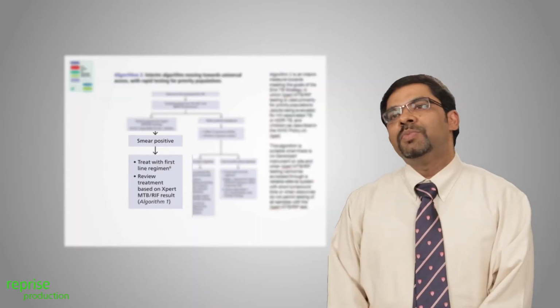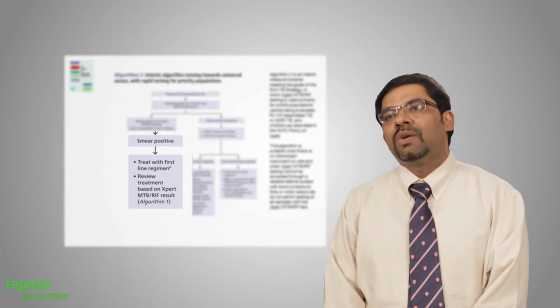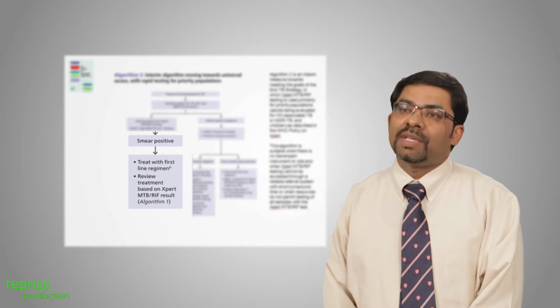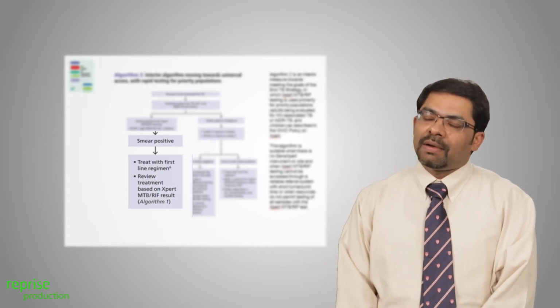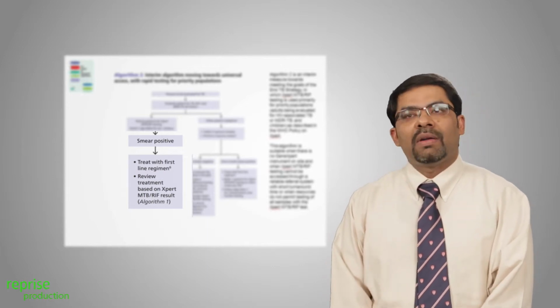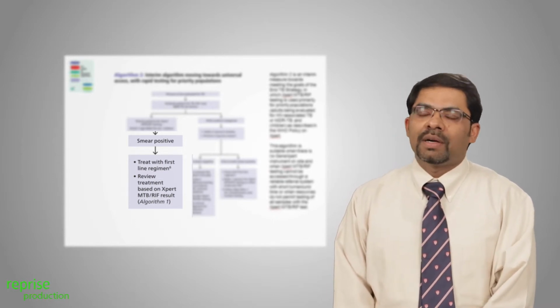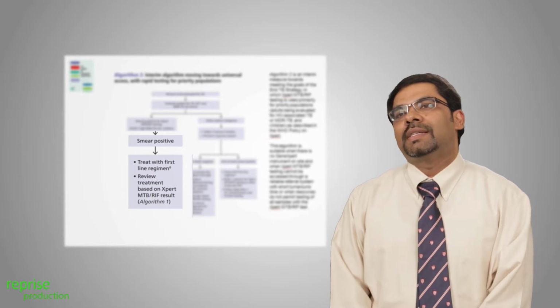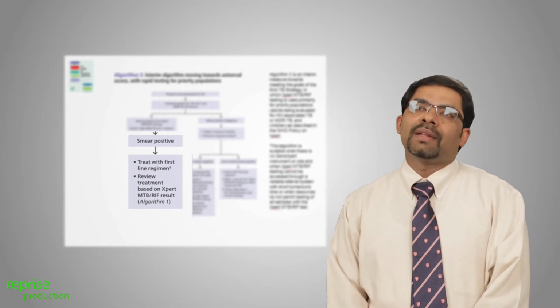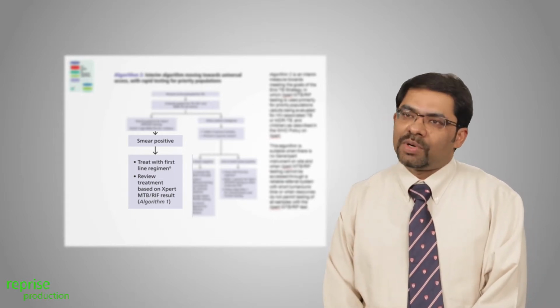So a positive sputum smear patient should then undergo a DST, and that could be GeneXpert or LPA or liquid cultures to decide whether the patient has MDR or not. If none of those MDR tests are positive, then one could begin standard first line therapy with 4 drugs.